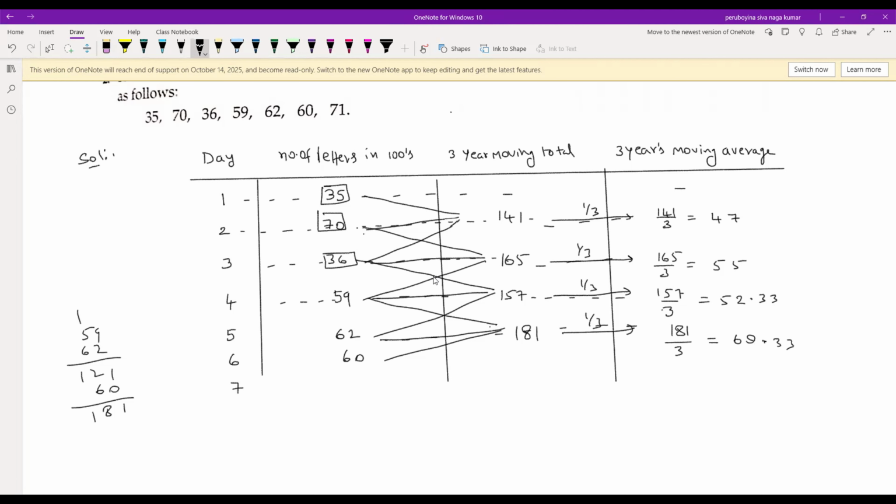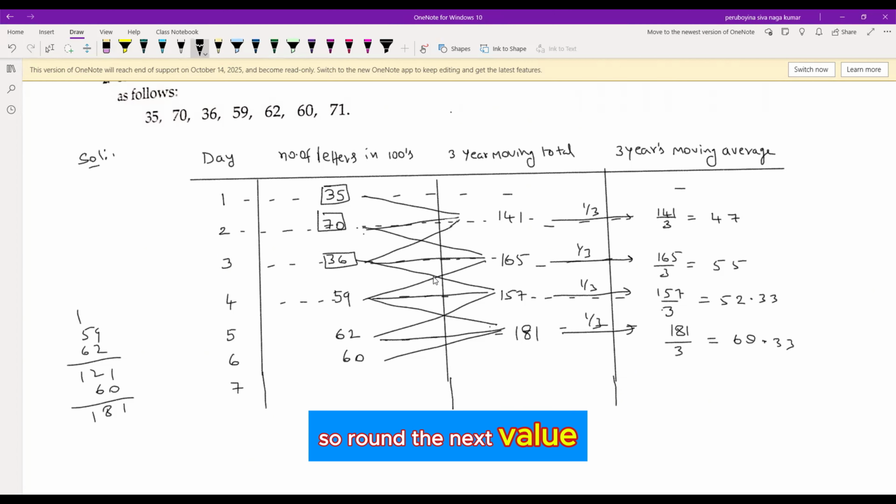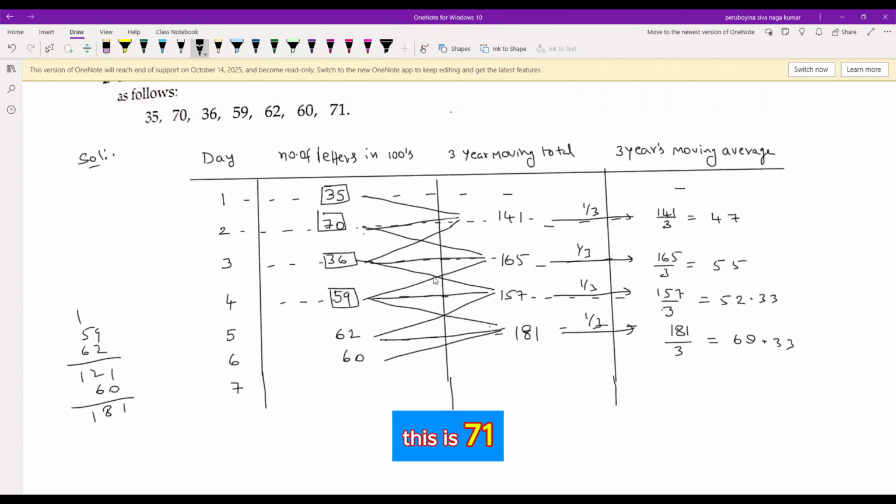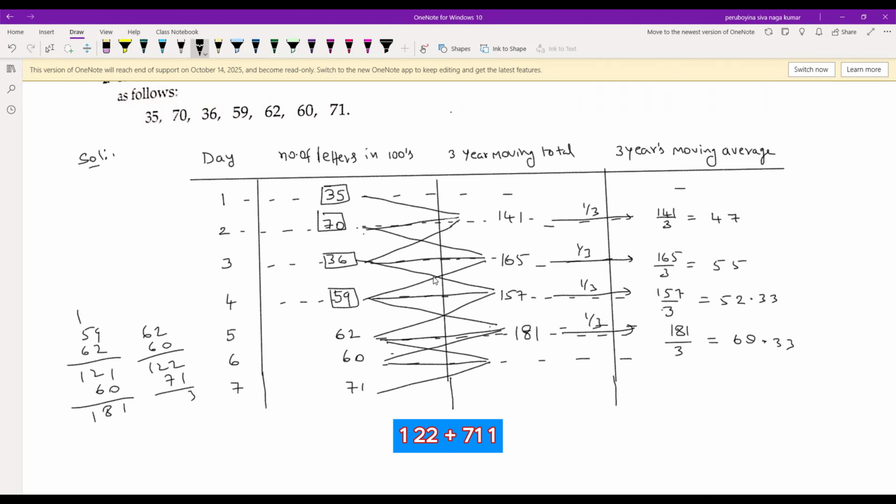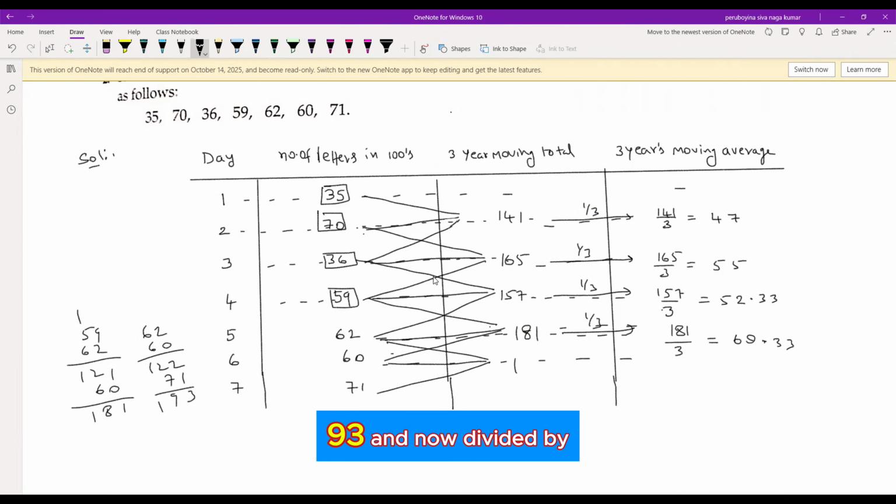Next, day 7. So place the next value. This is 71. So 62 plus 60 is 122, plus 71 is 193.